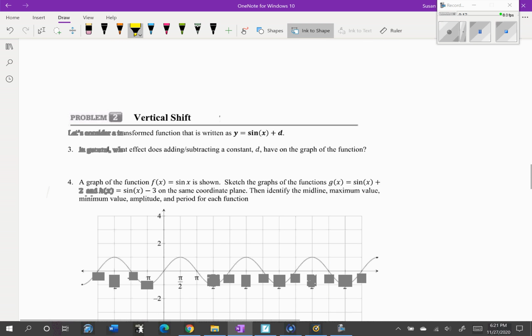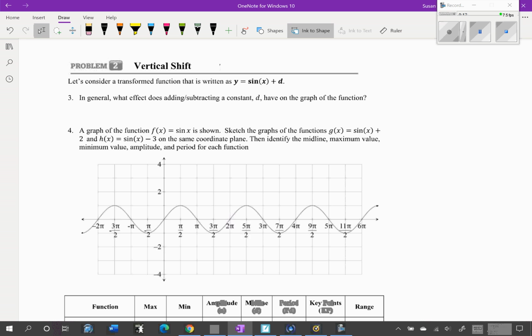So let's look at the vertical shift before we do that. In general, what effect does adding or subtracting a constant d have on the graph of the function? We know that this is going to move the graph up or down, which changes the midline.